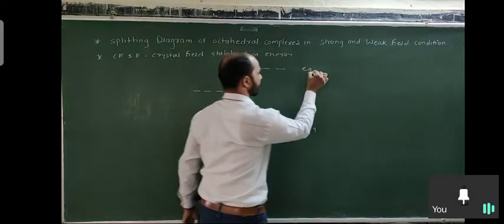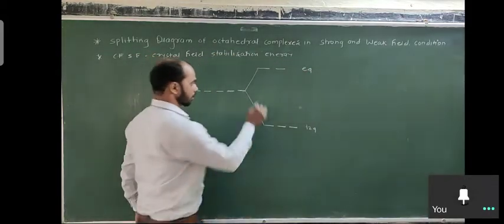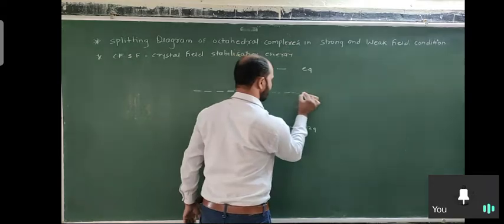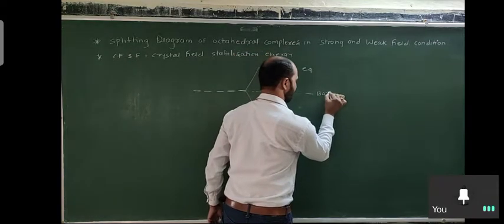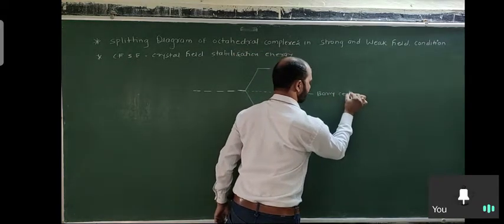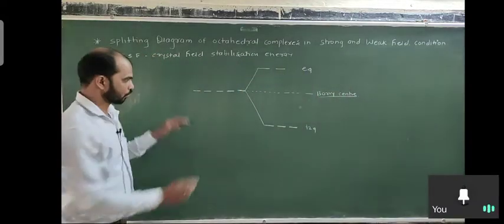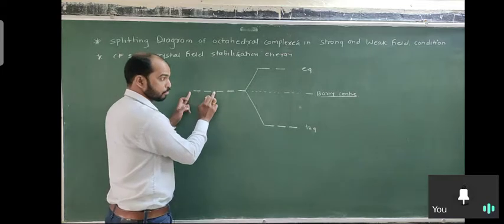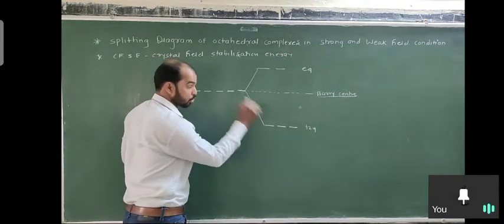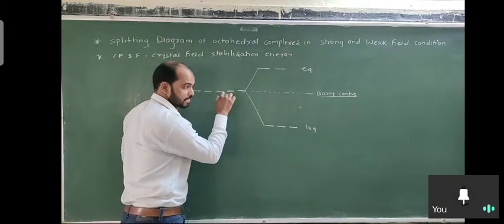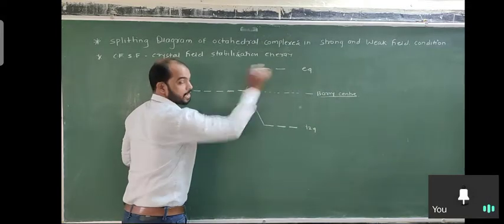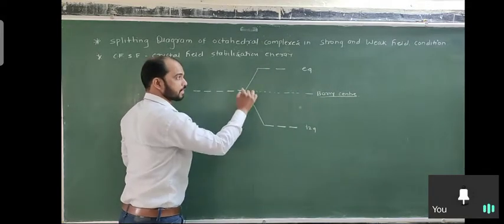Here is the Eg. The center is the barycenter, or the average energy. T2g has lower energy than this average energy, and Eg has more energy than the average energy.